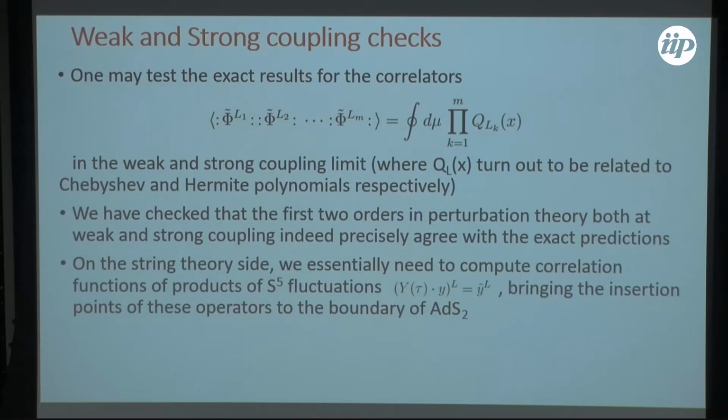On the string theory side, what you need to do is just a slight generalization of what I was describing earlier. What you are computing is actually a correlation function of products of string fluctuations. So you take a product of, say, L of these sphere coordinates, and you can compute a correlation function of these products and bring the points to the boundary and compute the corresponding Witten diagrams.